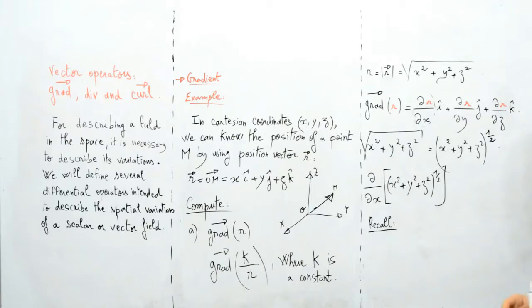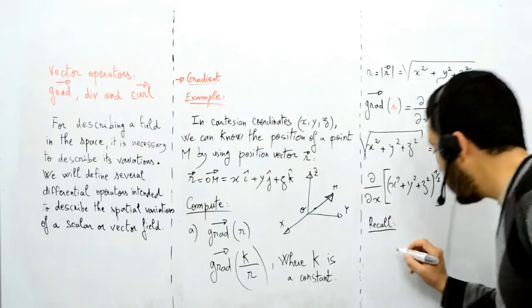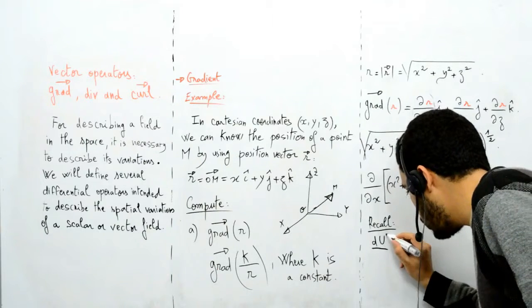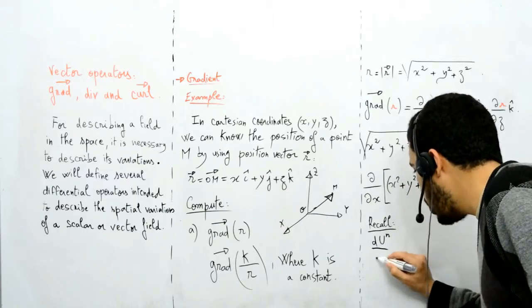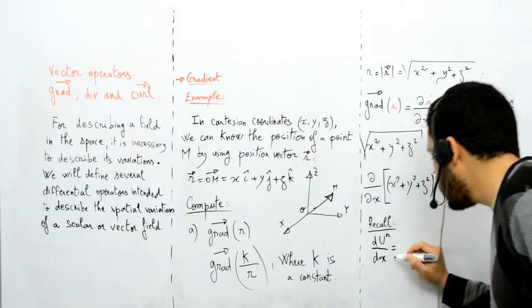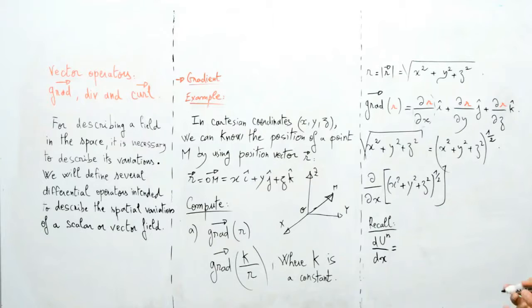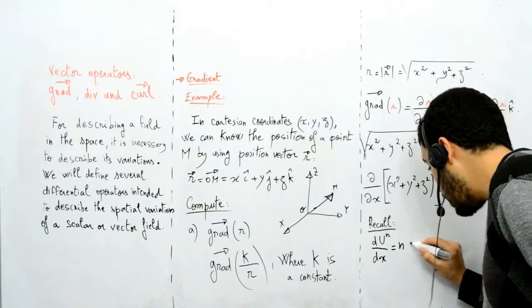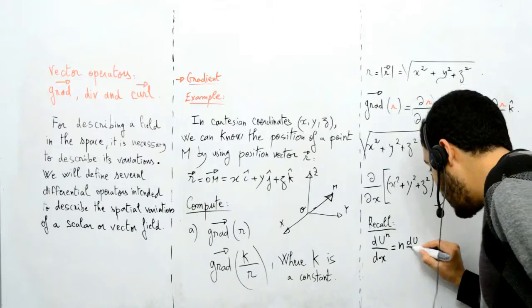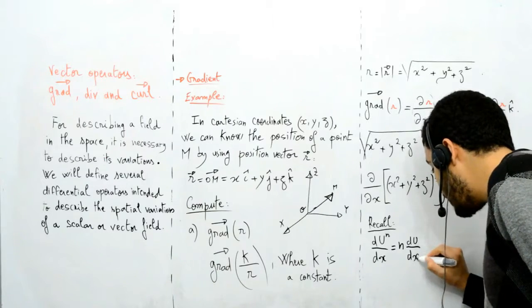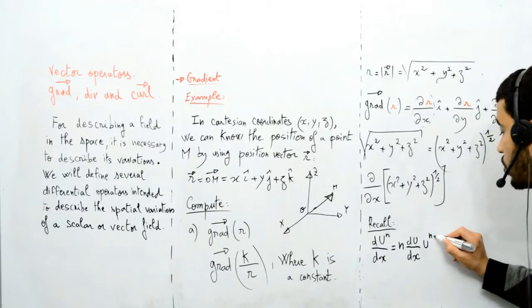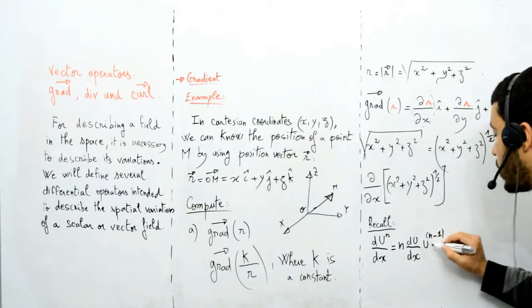Okay, I have a very simple recall for you. If you want, for example, a certain function u of one variable x, d of u to the power n over dx equals exactly n times du over dx, and don't forget times u to the power n minus 1.